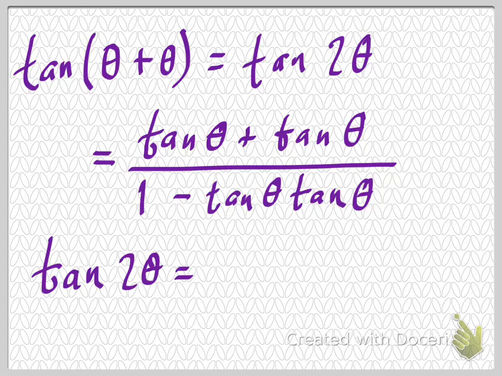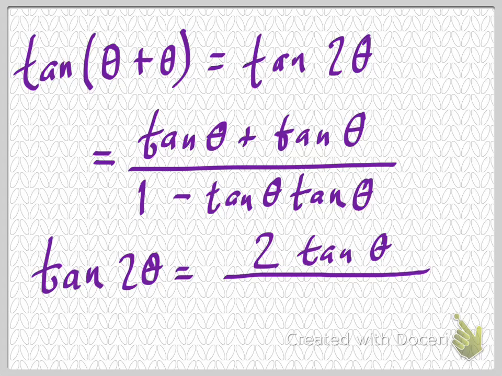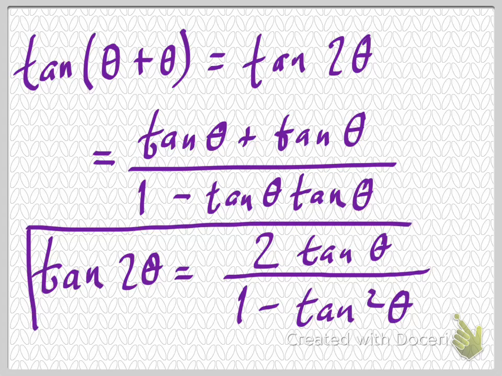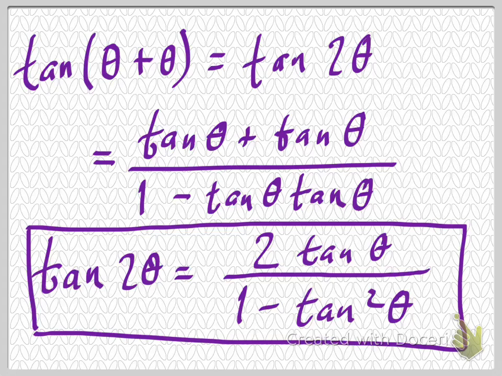When we expand that out, tangent theta plus tangent theta over 1 minus tangent theta tangent theta, we can see that our double angle formula for tangent is 2 tangent theta over 1 minus tangent squared theta. So that's it. There are our 3 double angle formulas. Well, I guess I should make that 5, because there are 2 extra ones for cosine. And now we'll take a look at using them.